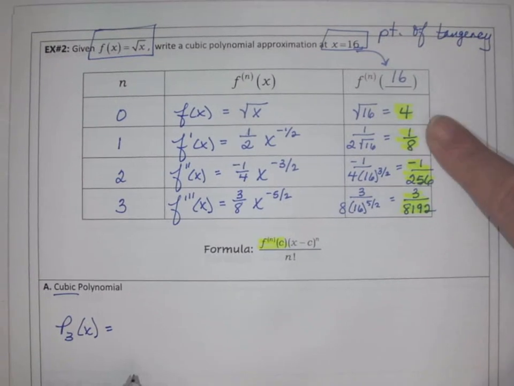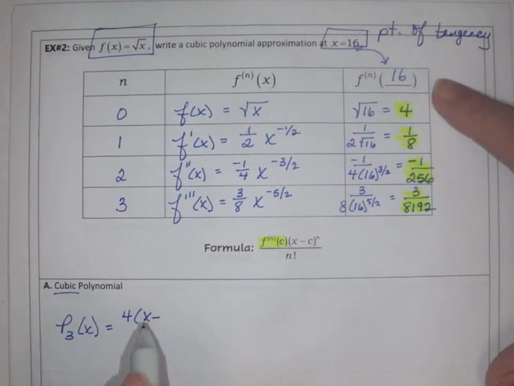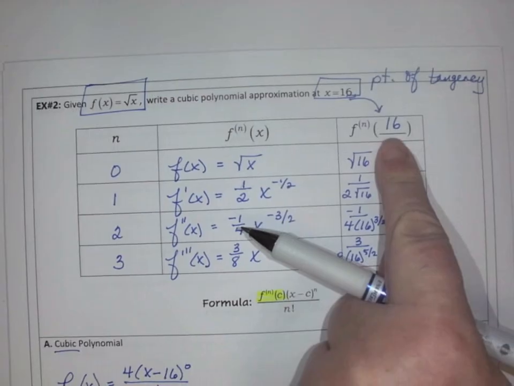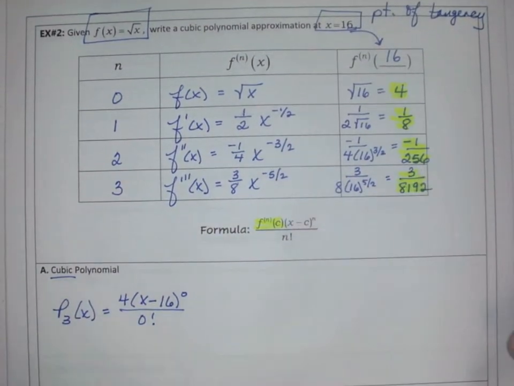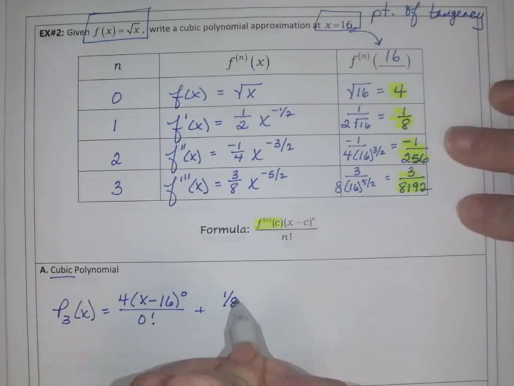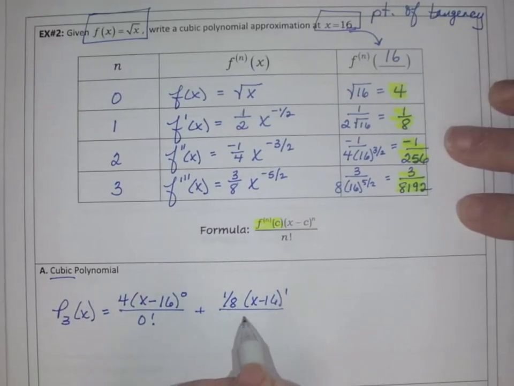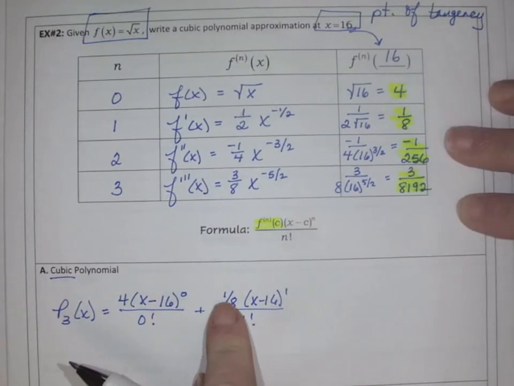So we're going to start with 4, so we have 4 times x minus 16 to the 0 power over 0 factorial. Remember, our point of tangency is 16.